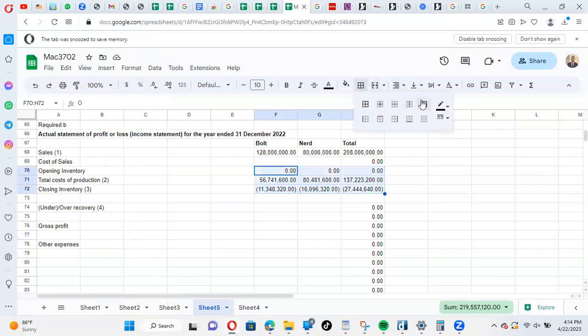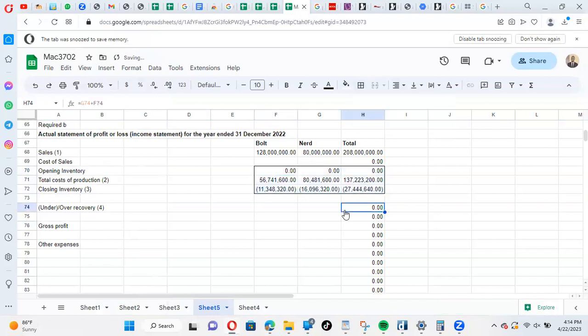But again, how you do this is entirely up to you. You can change anytime, just as long as the principle is okay. So our gross profit should therefore be sales minus cost of sales plus the under and over recovery.